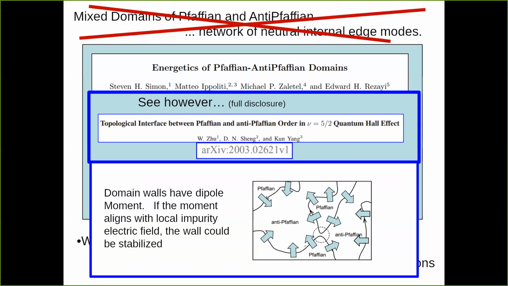If there are electric fields in the sample due to impurities, the domain walls could arrange themselves to stabilize a situation with multiple domains. And that could change the energy balance and make the presence of multiple domains favorable again.